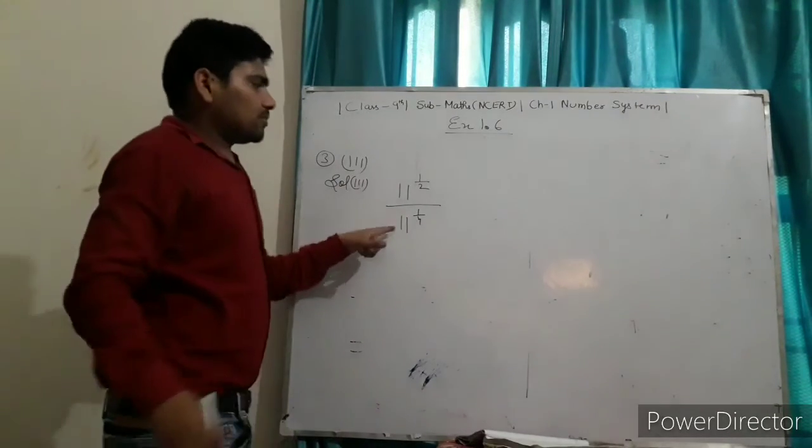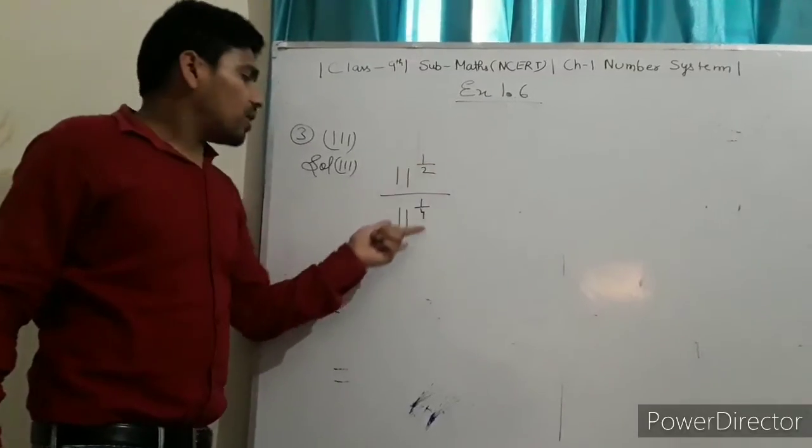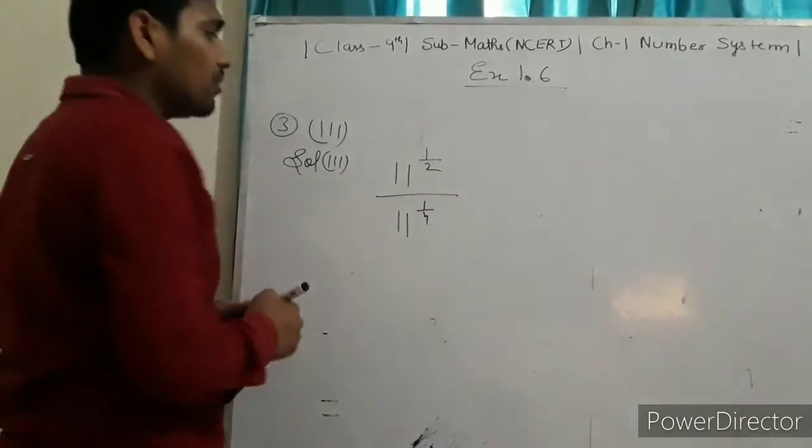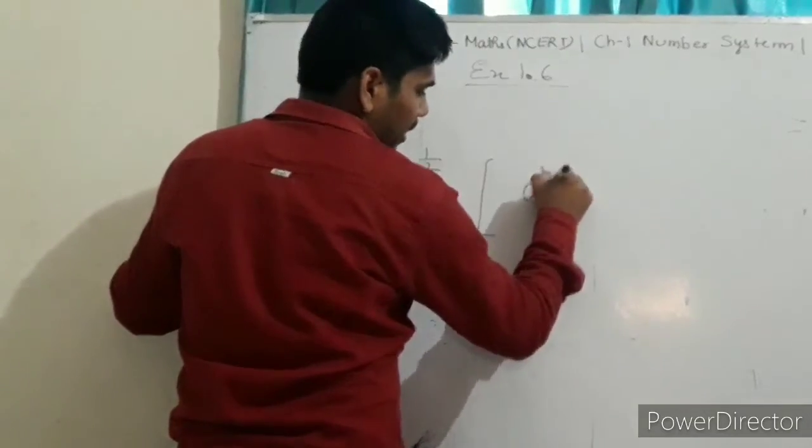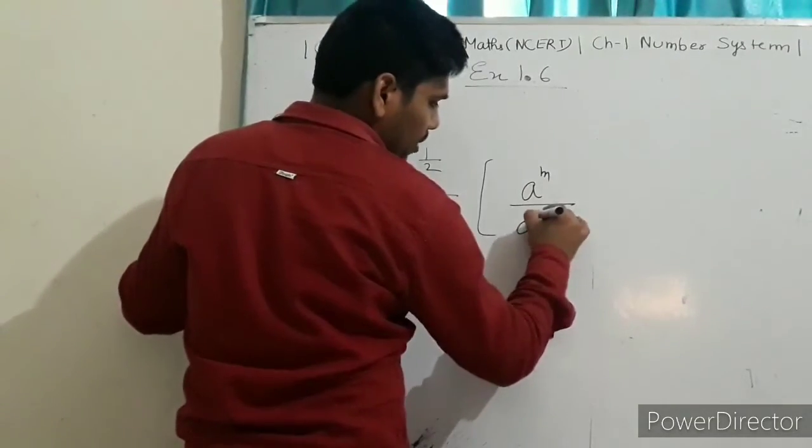Okay student, this sum is 11 raised to power 1 upon 2 upon 11 raised to power 1 upon 4. So you know the identity here, a raised to power m upon a raised to power n.